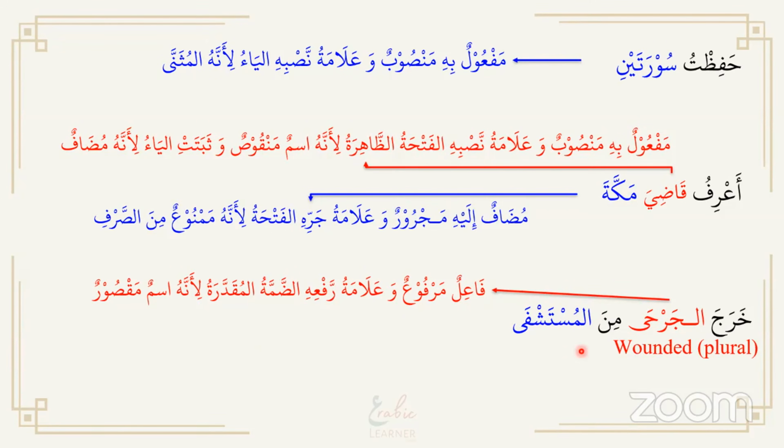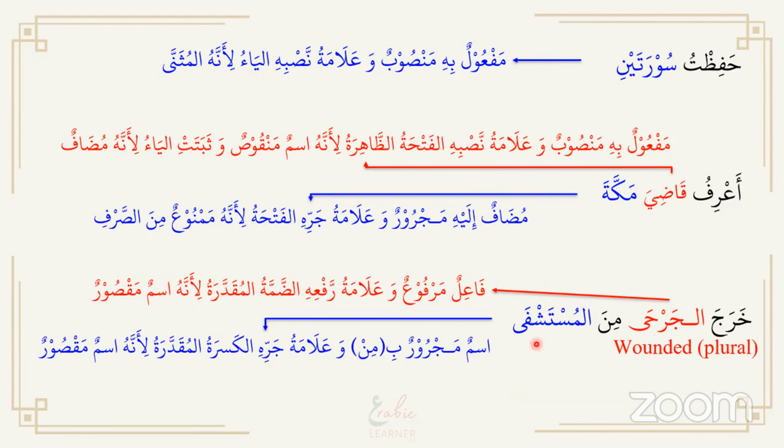Min al mustashfa, also ismun maqsurun, and its alamatul jarri is al kasratul muqaddaratu. So this is how you say: ismun majrurun bi min wa alamatul jarrihi al kasratul muqaddaratu li'annahu ismun maqsurun.